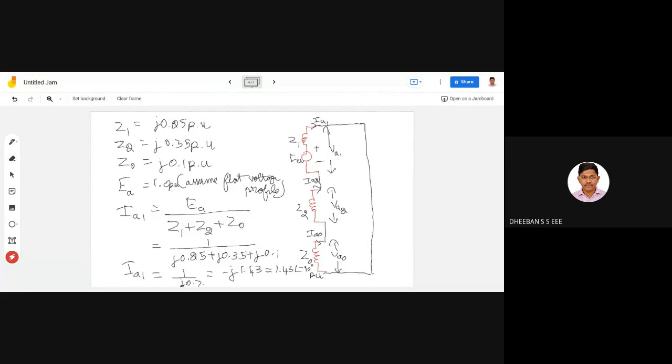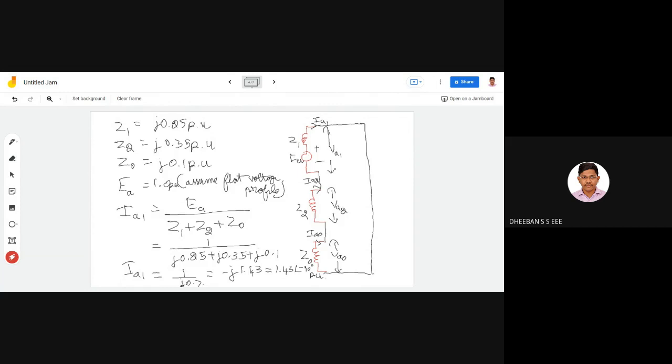Then for the line to ground fault, you have to see what the positive sequence current formula is. This formula varies for different faults, so you can even keep a formula sheet and write down those values.